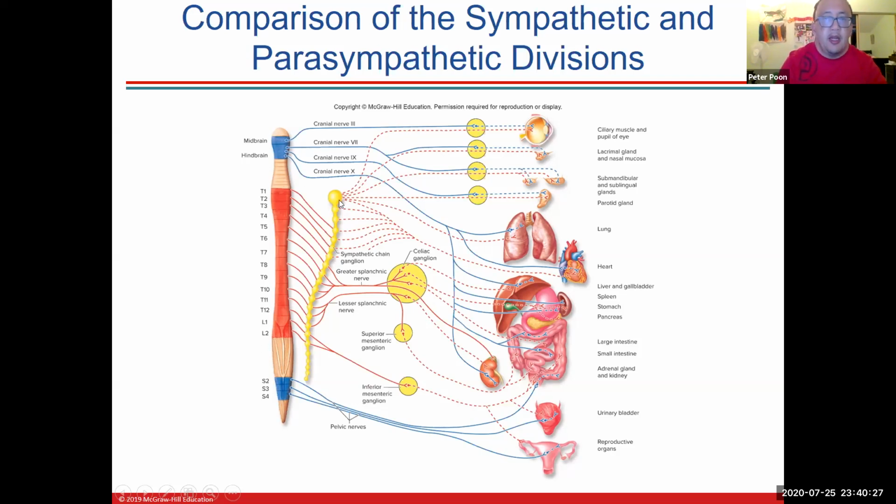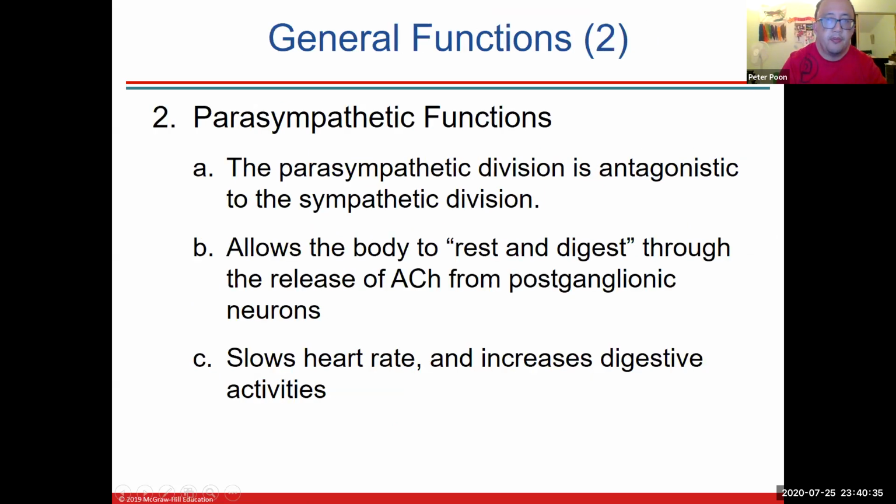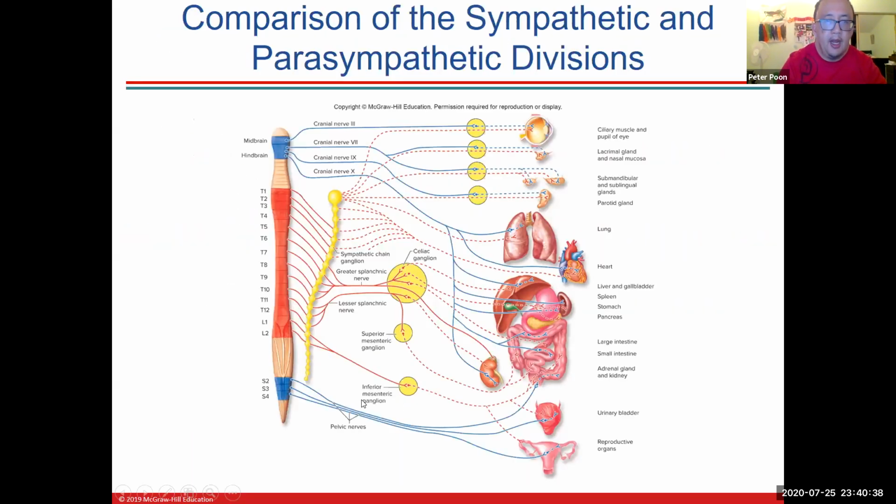The sympathetic has a short preganglionic neuron, which results in the sympathetic chain being right next to the spinal cord. And then the postganglionic neuron goes to the effector organ.